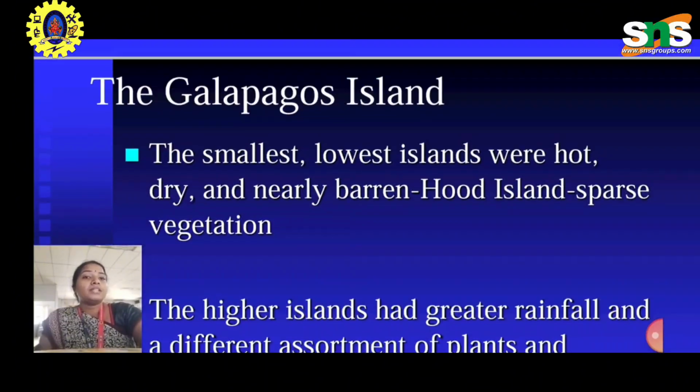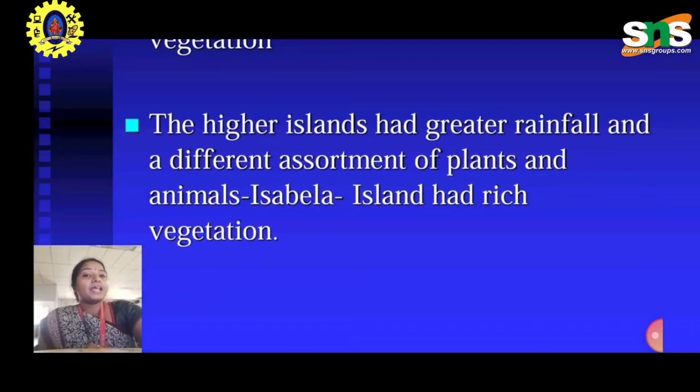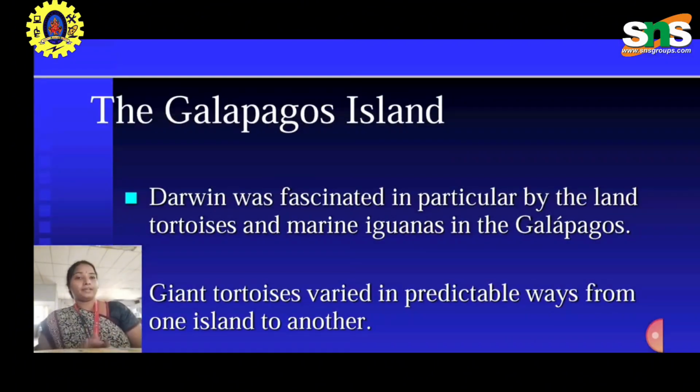The Galapagos Islands. The smallest, lowest islands were hot and dry. Hood Island was nearly barren, with sparse vegetation. The higher islands had greater rainfall and a different assortment of plants and animals. Isabella Island had rich vegetation. Darwin was fascinated in particular by the land tortoises and marine iguanas in the Galapagos.